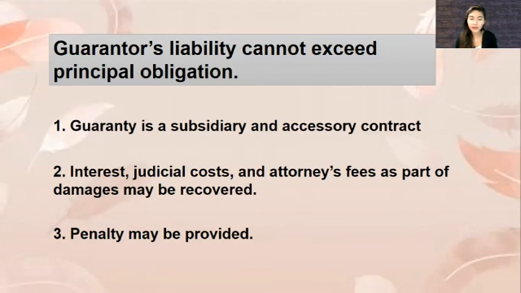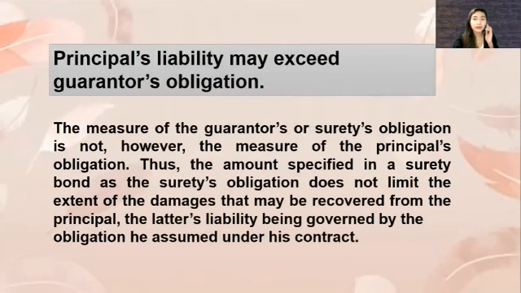So number three, penalty may be provided. A surety may be held liable for the penalty provided for in a bond for violation of the condition. After that, we have this: the principal's liability may exceed the guarantor's obligation.